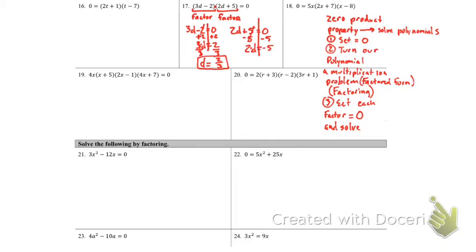And then we're going to divide by 2. And that's going to give me d equal to -5/2. Again, another fraction, which is okay to have fractions as answers.